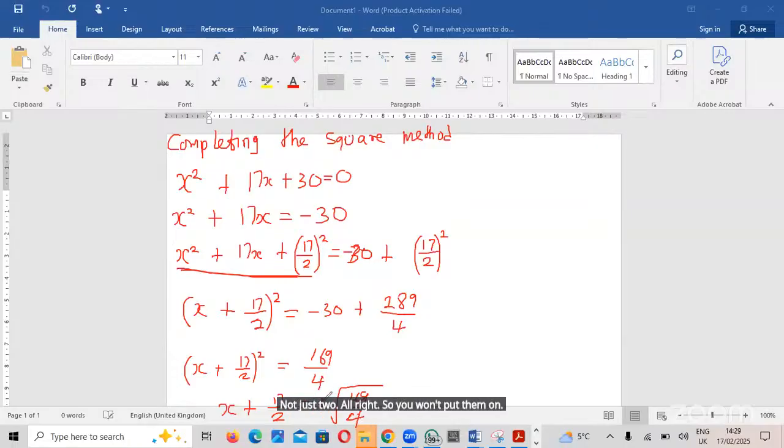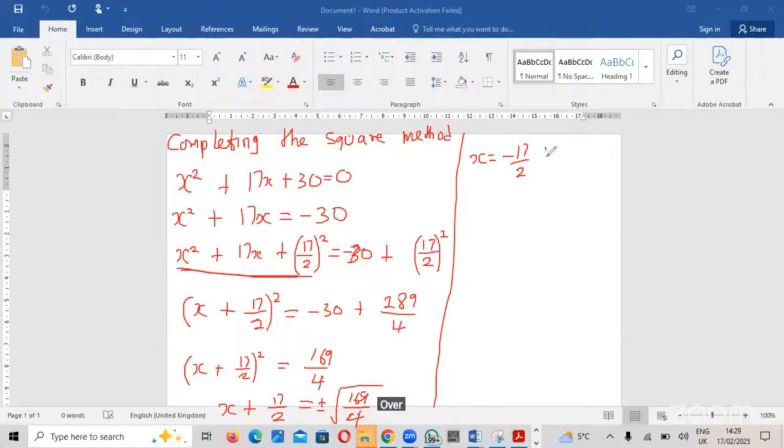So now this gives us s is equal to minus 17 over 2 plus or minus the square root of 169 over 4. The square root of 169 is 13, and the square root of 4 is 2. So s is equal to minus 17 plus or minus 13 over 2.